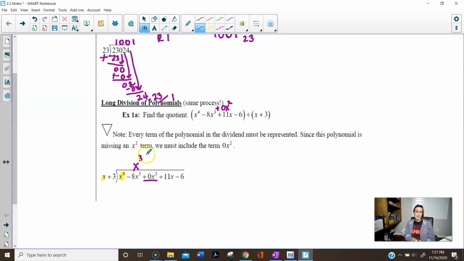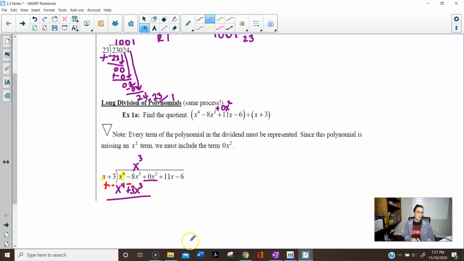And then you take the x cubed and you multiply it to both of these numbers. So x cubed times x is x to the 4th. These are always identical until you subtract or do plus the opposite. And then you have x cubed times 3 is plus 3x cubed. Now from there, we're going to subtract, or we're going to add the opposite.